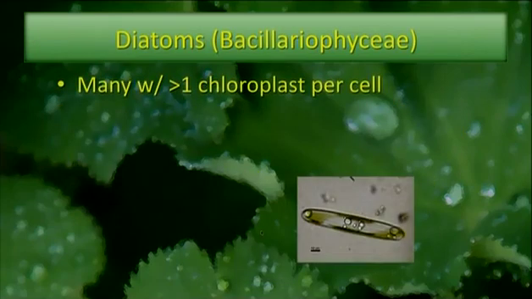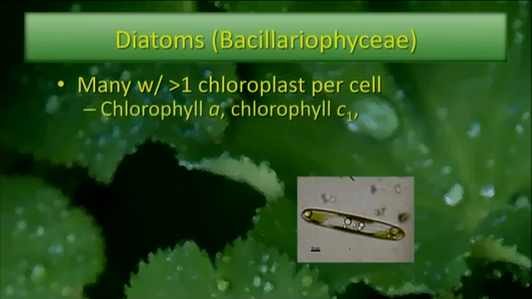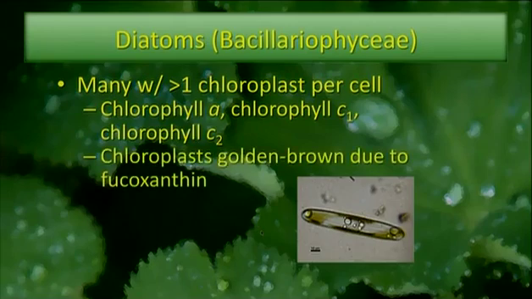Many have more than one chloroplast per cell, and the pigments present include chlorophyll a, chlorophyll c1, and chlorophyll c2. The chloroplasts tend to be golden brown, like you see in this diatom, due to the presence of another pigment called fucoxanthin.